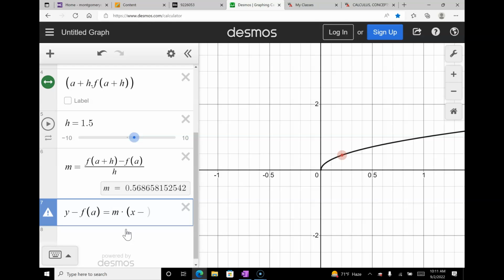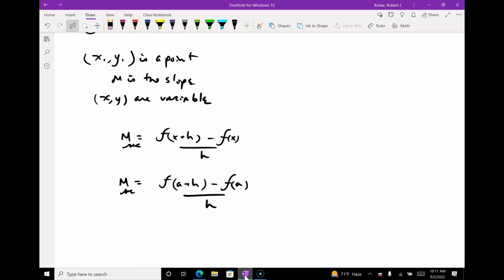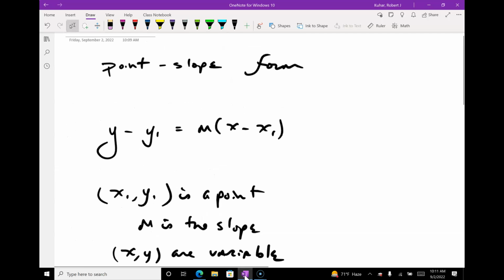You said h twice, right? Nope, nope, and nope. X minus what? Yes, x1, yes. So what? A. Right? So for us, it's y minus f of a equals m times x minus a.